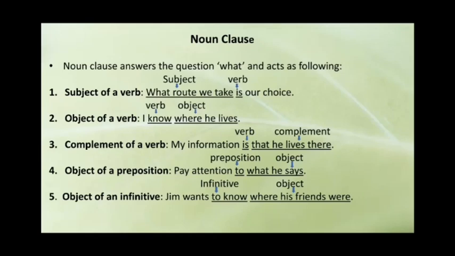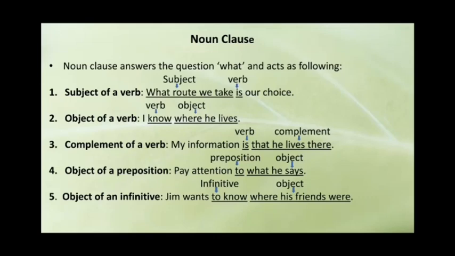In this sentence, what he says is the object. Because pay attention to, to is directly connected to the object in the sentence. That is why it becomes the object of the preposition. So you need to find out in the subordinate clause if the preposition is directly connected to the object of the sentence.